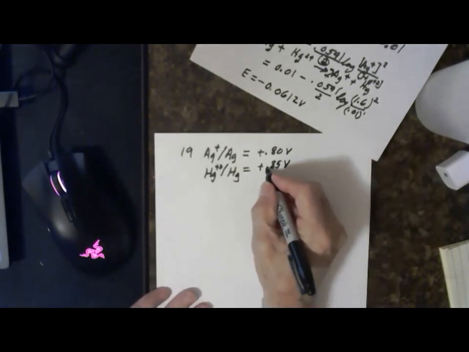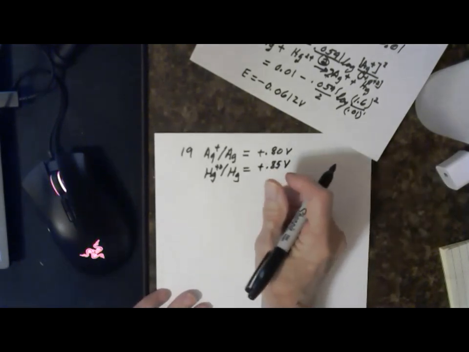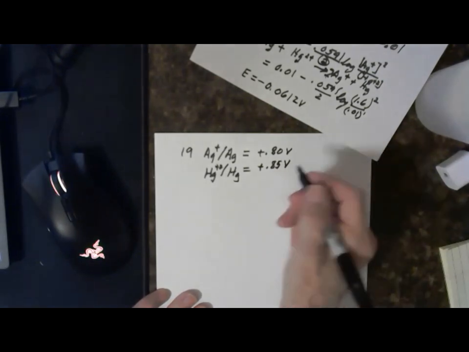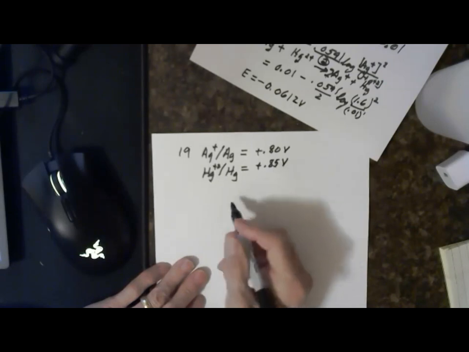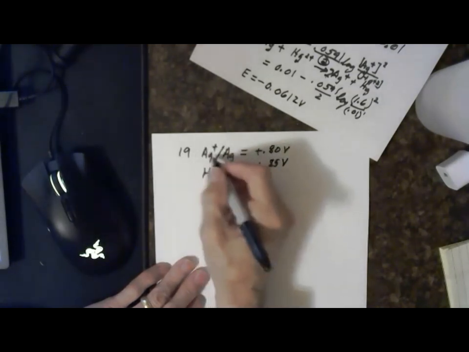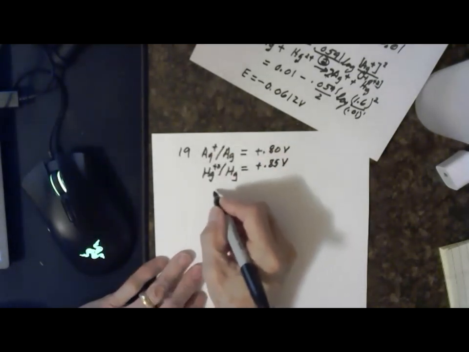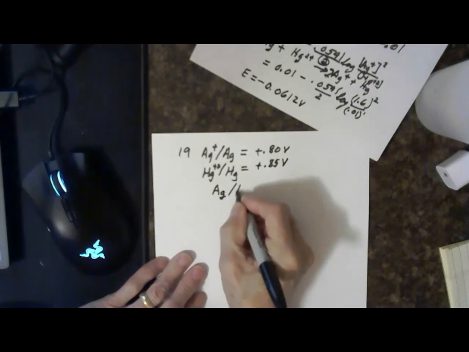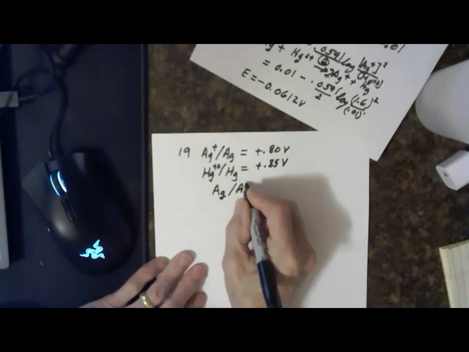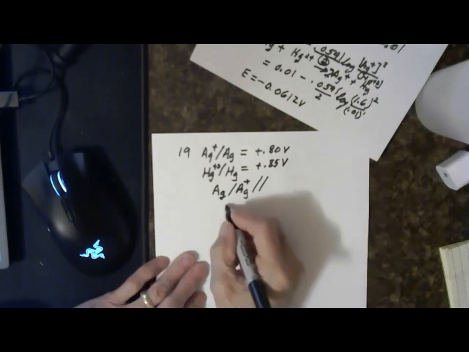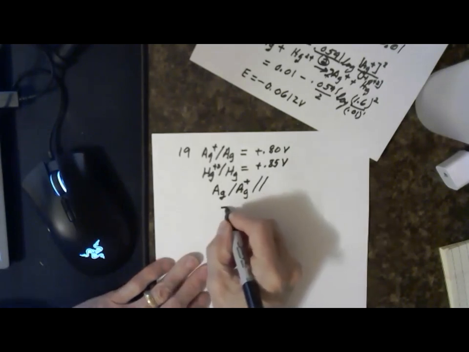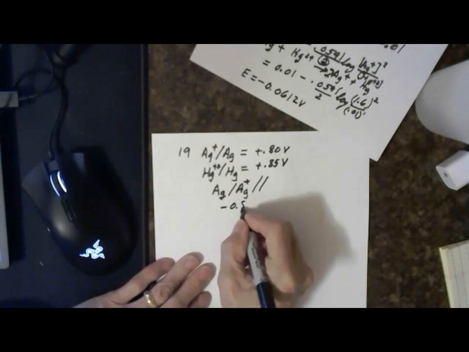Okay, so now if I want this one in reduction, I did have it set up correctly. The Ag needs to be in oxidation, so Ag to Ag+, that's oxidation, and this voltage would be minus 0.80.